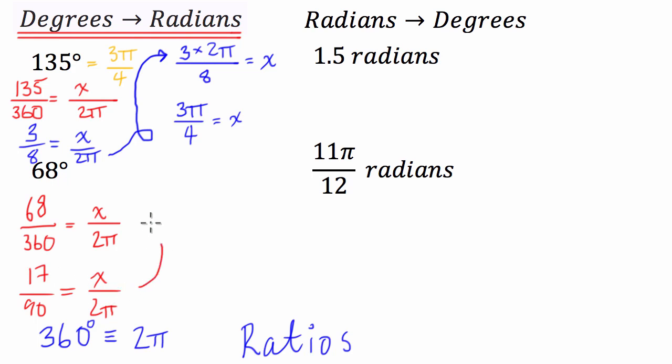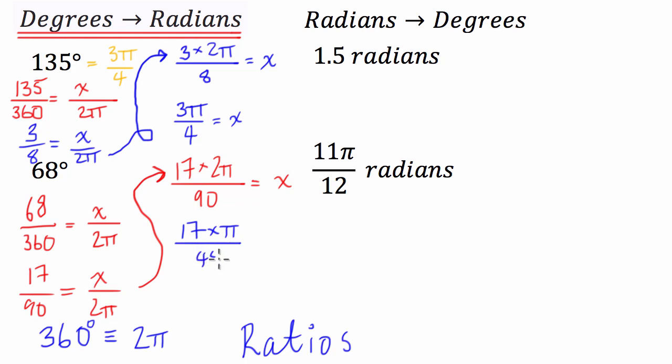So, again, let's move it up here. We then use our algebra to move the 2 pi up to the top. Cool. Now it's just a case of simplification. This 2 pi over 90 we can convert to pi over 45. So we have 17 pi over 45 equals x.